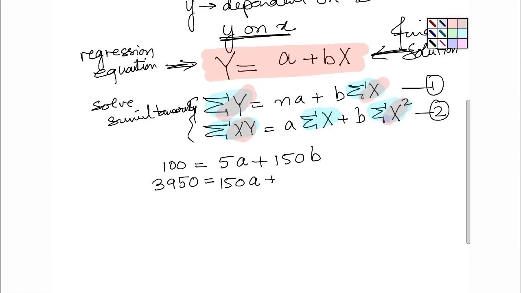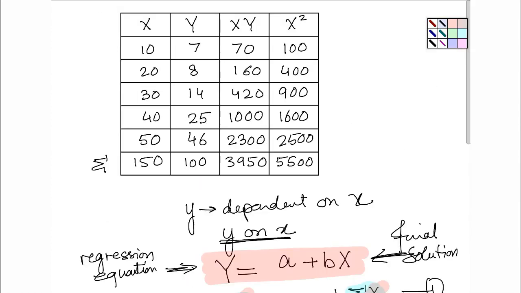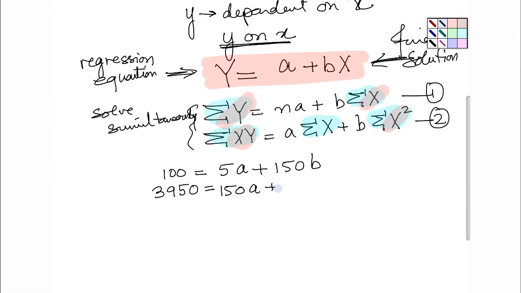Plus sigma x square b. Sigma x square is 5500, so we will get 5500b. Now when I substitute values of these summations in these two equations 1 and 2, I get this pair.